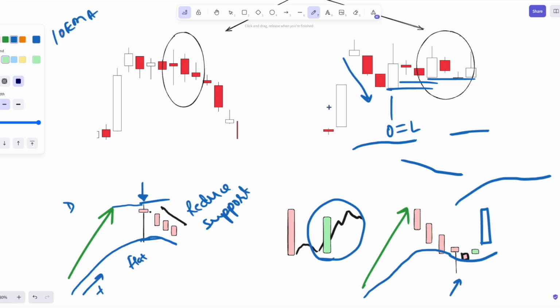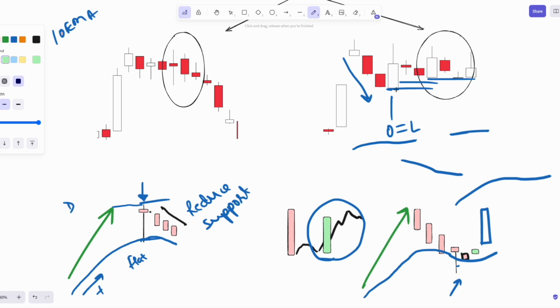Now, I'll tell you what. If you take a look at this candle and this candle, there are a lot of differences. See, when we were dealing with this candle here, what was happening? We always had an element of down move, either through a single candle or a series of candles.